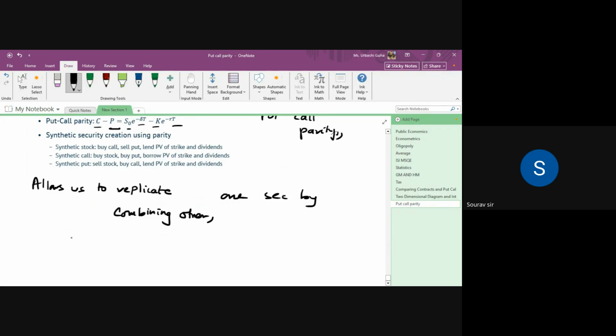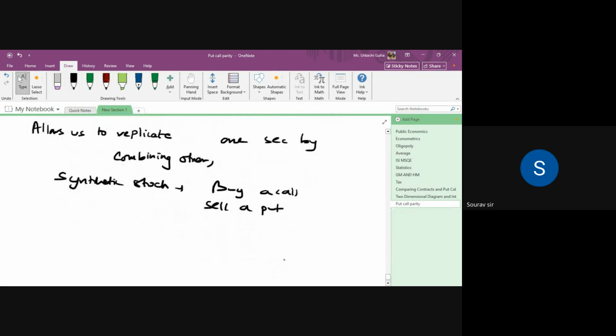Okay. So synthetic stock, there are different things. If I talk about a synthetic stock, then what we are doing? We are buying a call, selling a put. Okay. And lending the present value.